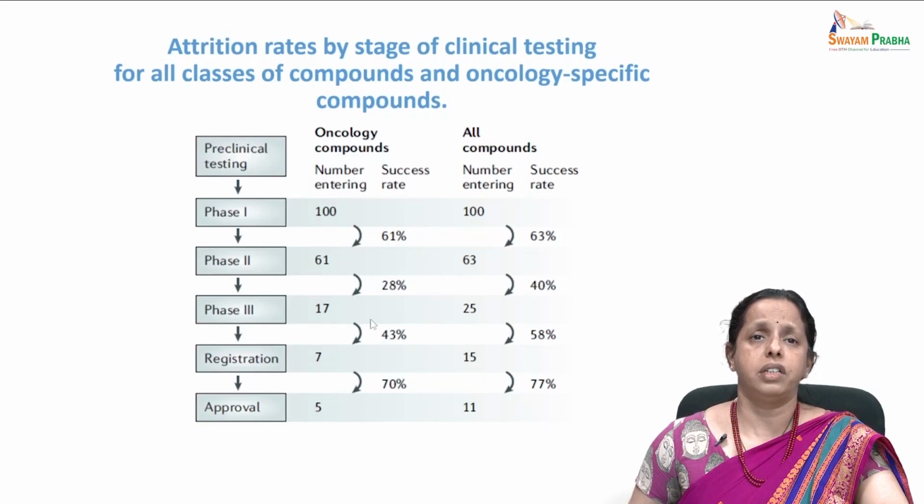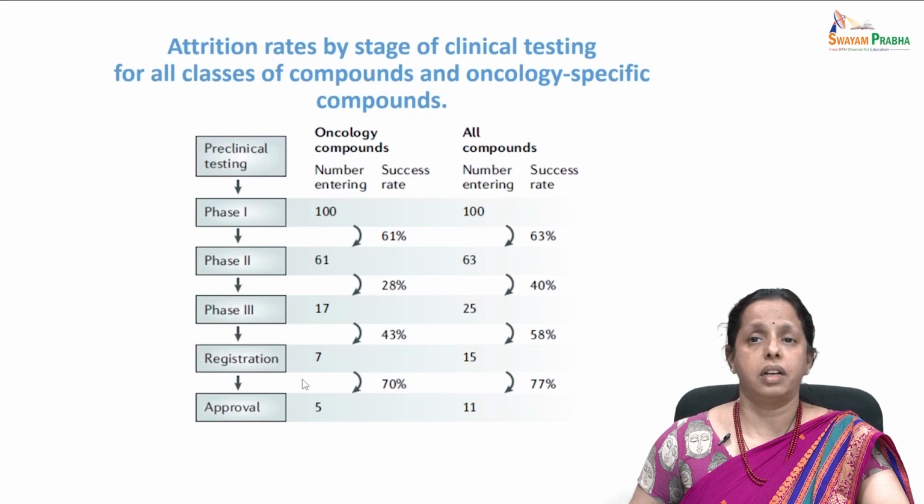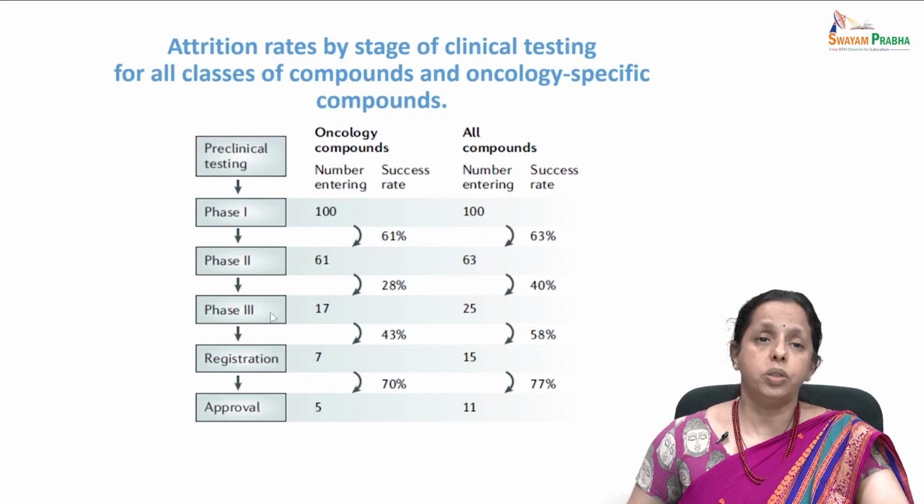There is a lot of attrition, that is, the number of compounds entering each phase is reducing. So these data suggest that identifying the rate limiting tumor maintenance targets and the pharmacogenomic correlates of response during preclinical development for human clinical testing is definitely a priority.